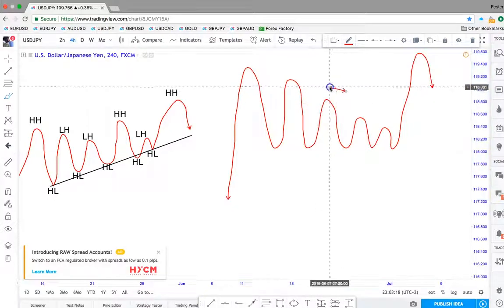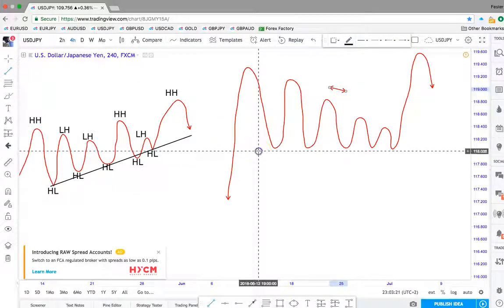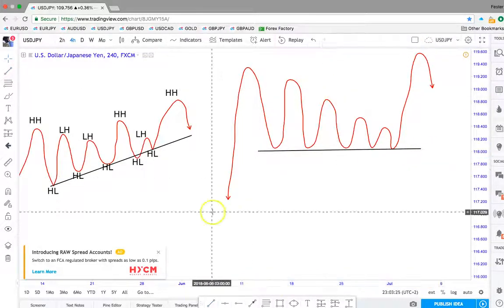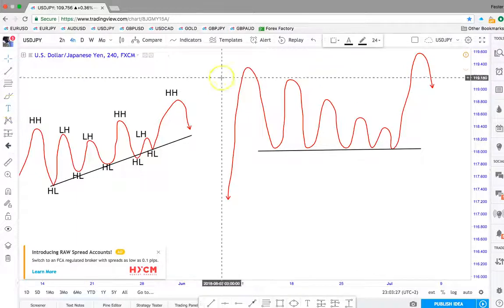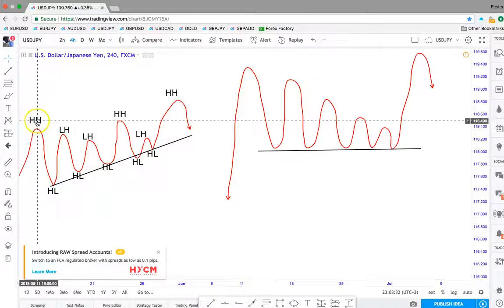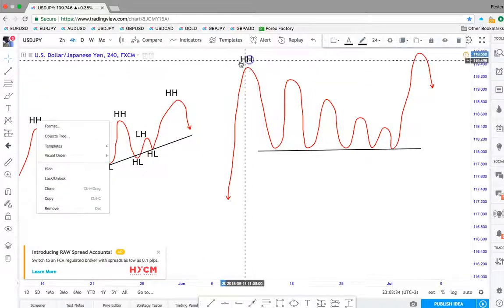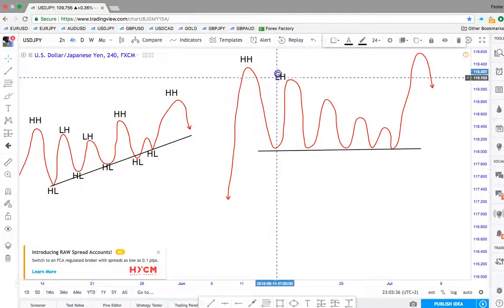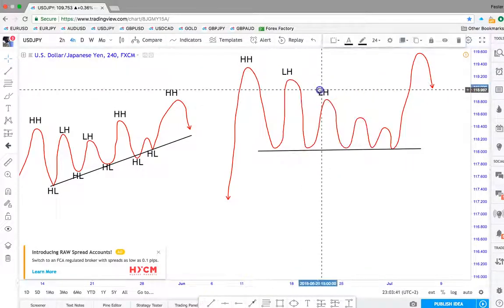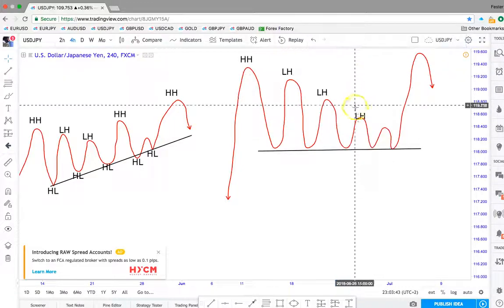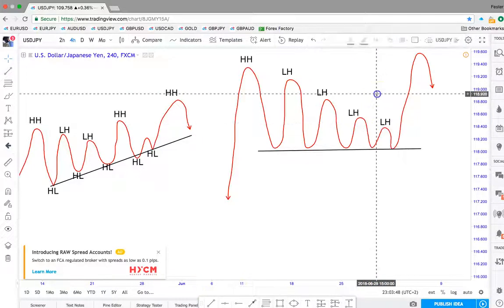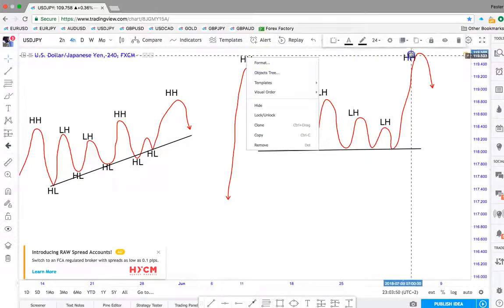So over here, this level, delete this. So if I take this, this was a higher high. Let's use this one. So it's a higher high, and then a bunch of lower highs, which probably confused you or threw you off because you thought that structure was about to change, and then all of a sudden this happens, which you weren't expecting.